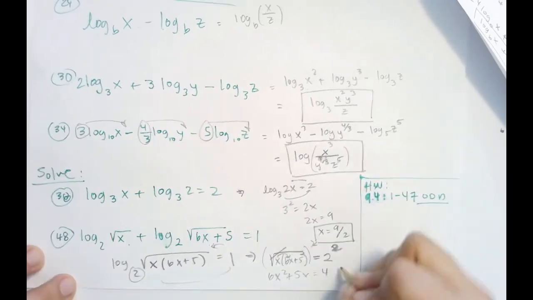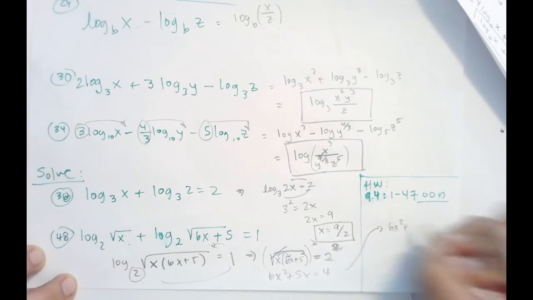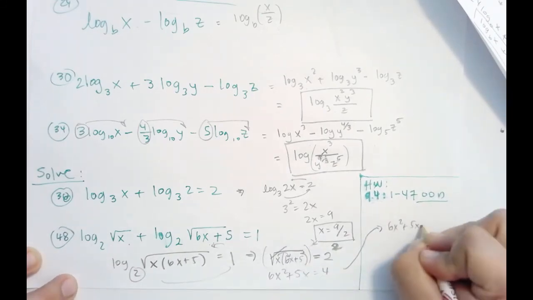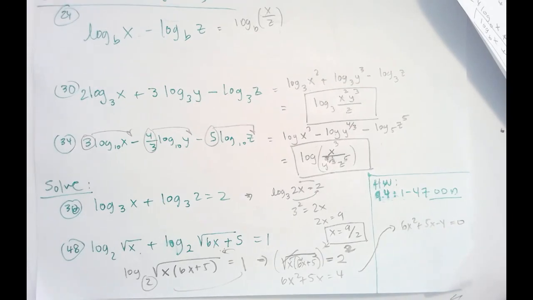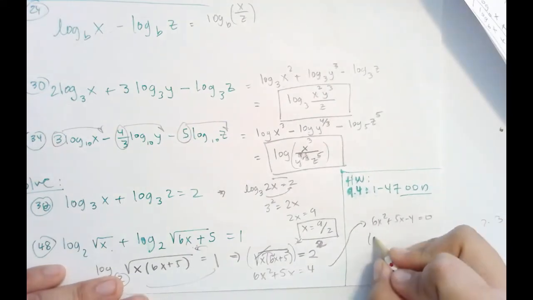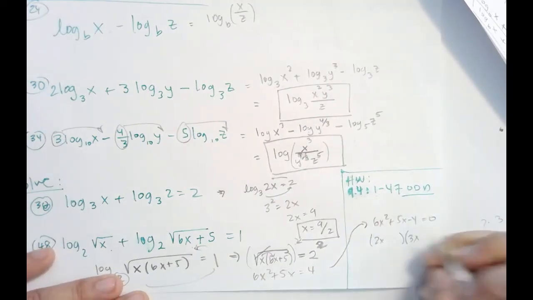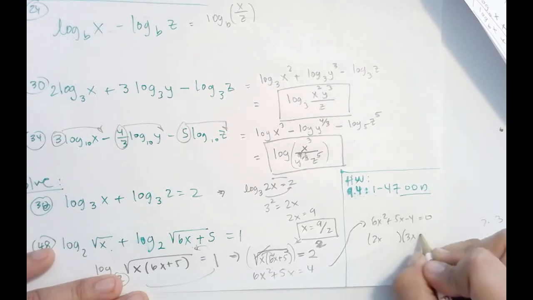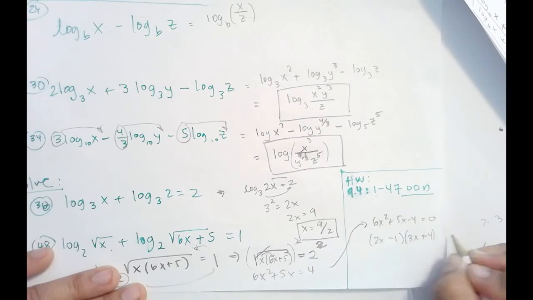So subtracting, I'm going to write this here, 6x squared plus 5x minus 4 is equal to 0. And then I'm not sure if this is factorable. Give me a second. 2x and 3x and plus 4 minus 1.